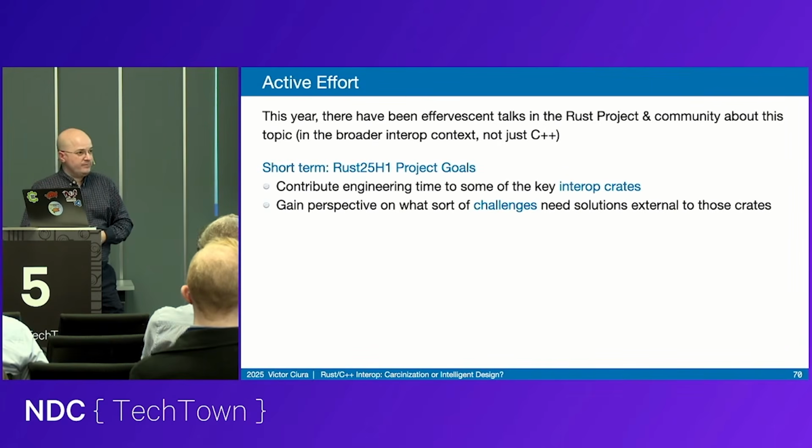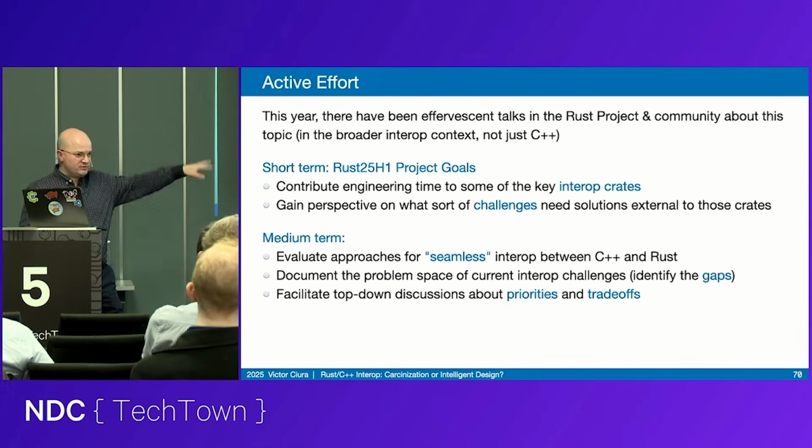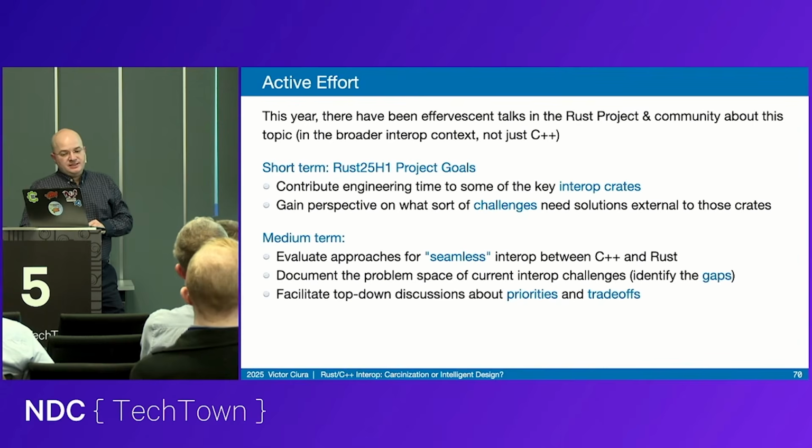We had a 25H1 Rust project goal aligned around the story, trying to identify the scope, map the solutions out there, contribute to the existing crates and solutions to see how we can improve, identify the gaps, the needs, and so on. Some of the things I enumerated earlier.